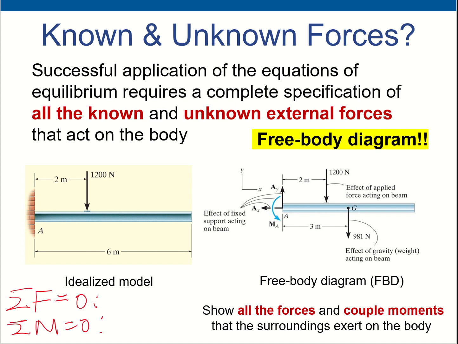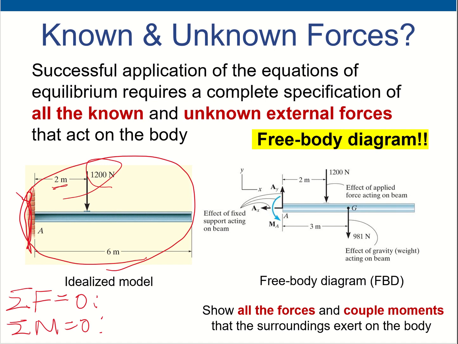Here we have a beam, and it is fixed on the wall. There is an external force which is known, 1200 Newtons downward, at 2 meters from the wall. And the beam is 6 meters long.